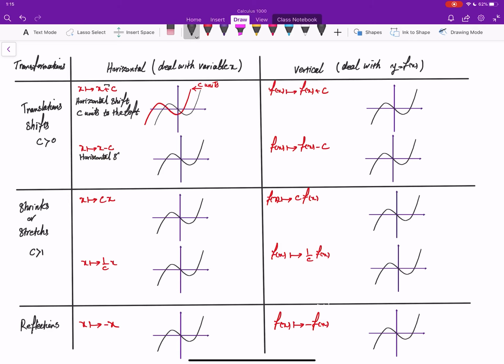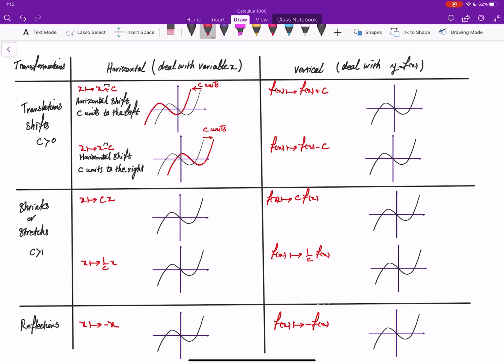It is a shift because we are adding or subtracting. c shows the number of units, and being subtracted means to the right. So in this case, the graph just slides to the right c units, and this is c units.